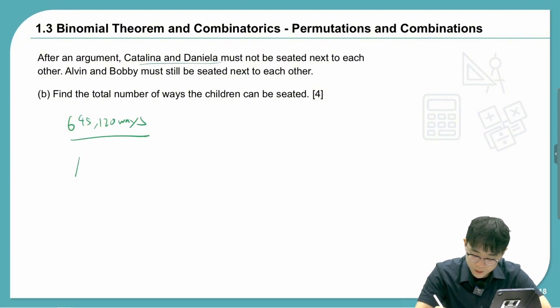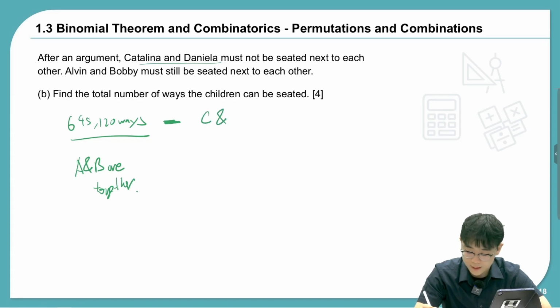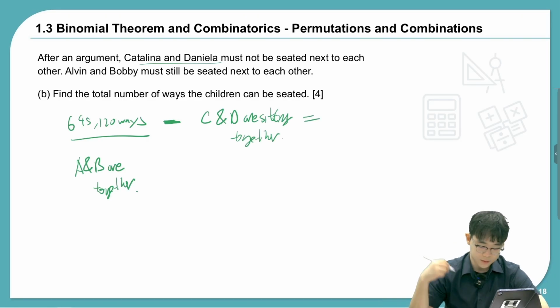So this is the number of ways where Alvin and Bobby are together, but we now subtract the number of ways where C and D are sitting together. Right, then that would give us the answer that we want, right?